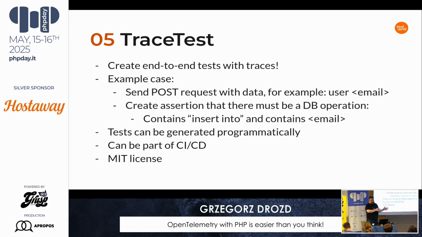We start the registration, we send the information, and then we expect, for example, to have 6 insert queries to user, to company, to something, and we expect the email to be inside of the text of the query. So this is super useful because you can just connect it to your end-to-end framework and then expect some things in it.